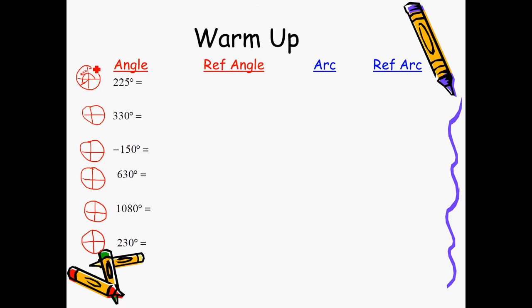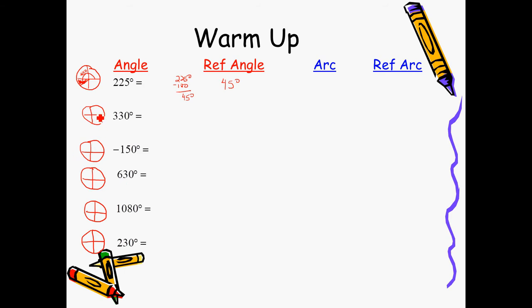And its reference angle is measured back up to the horizontal, so its reference angle is 225 degrees minus 180 degrees, which is of course 45 degrees. Hopefully you didn't actually have to do that.